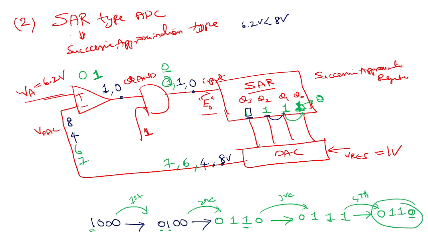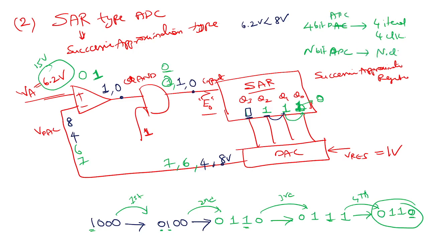Now, it is not only true with 6.2, even if you take 15 nodes, the same thing is happening. Right? So, I took a 4-bit ADC and I got it in 4 iterations. I can say 4 clock cycles. If I take an n-bit ADC, I will get it in n clock cycles. Now, this is relatively faster compared to the counter type.